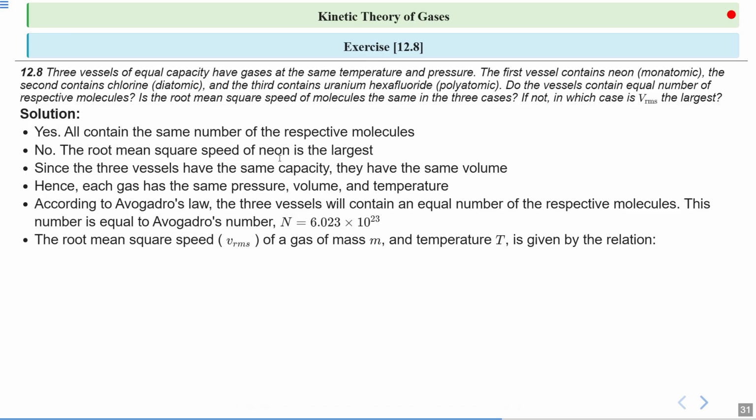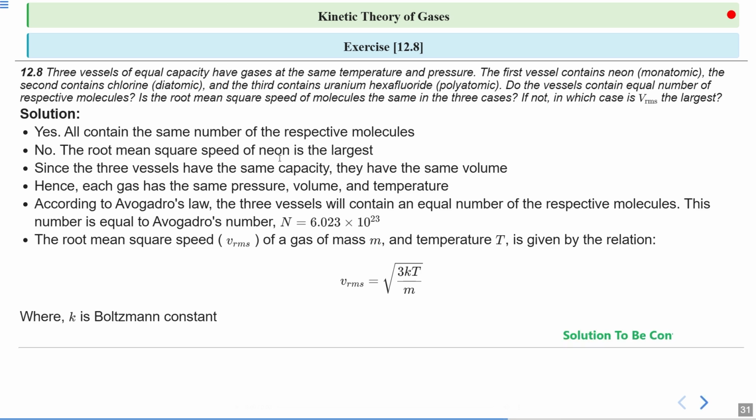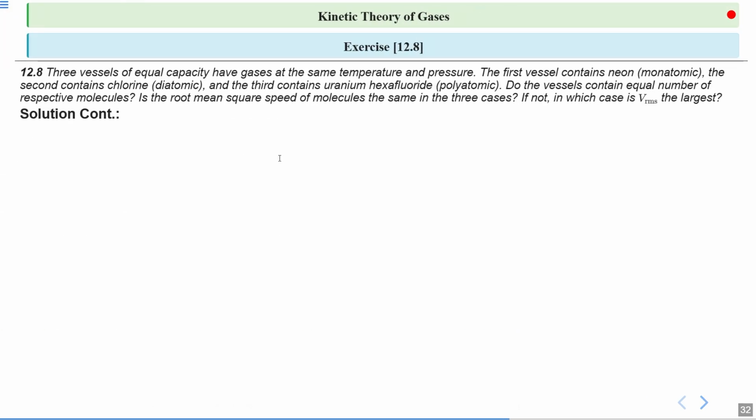And the root mean square speed of a gas of mass m and temperature T is given by the relation VRMS equal to under root 3kT divided by m, where k is the Boltzmann constant. For the given gases, k and T are constants.